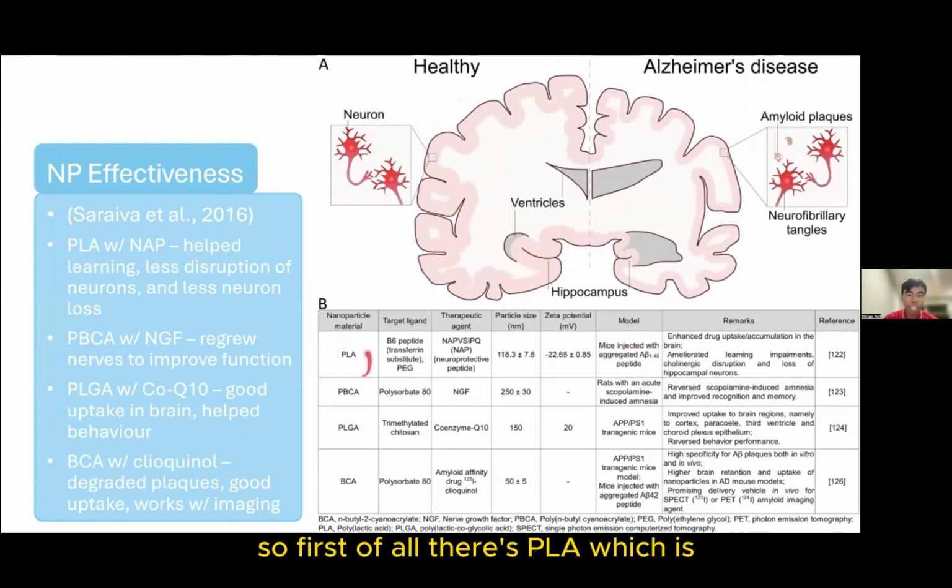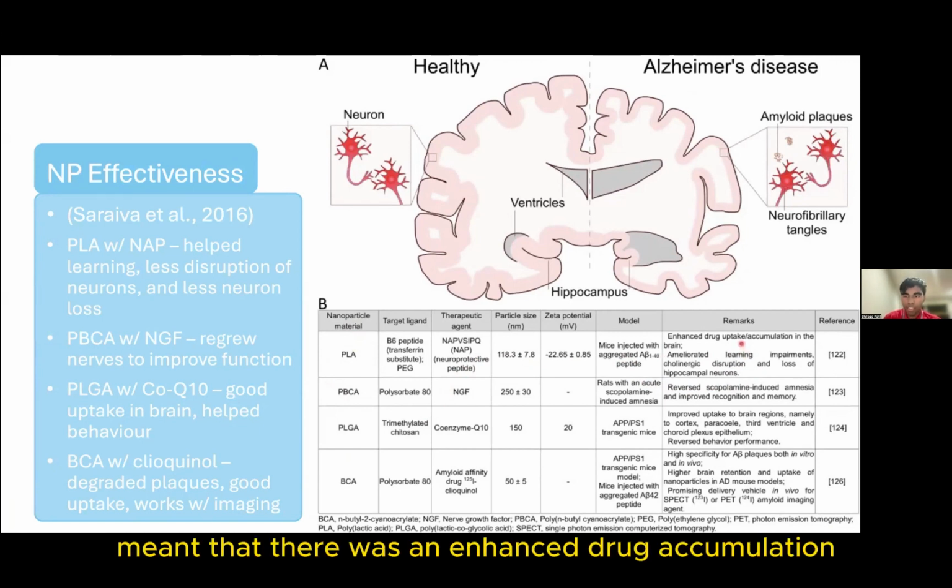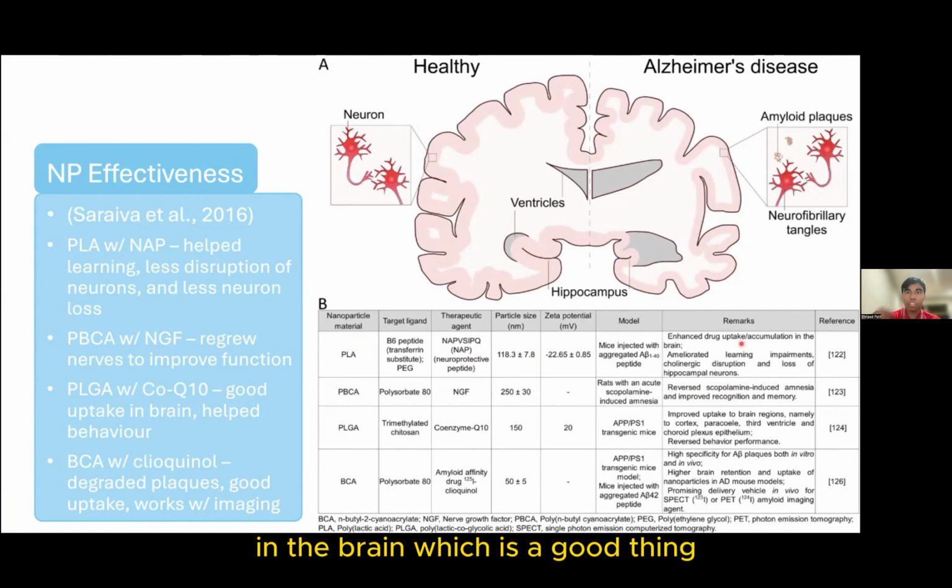First of all, there's PLA, which you may know from plastic, polylactic acid. This was used with what's called a neuroprotective peptide. The PLA meant that there was enhanced drug accumulation in the brain, which is a good thing because you want more of the drug to get into the brain and be able to treat more.